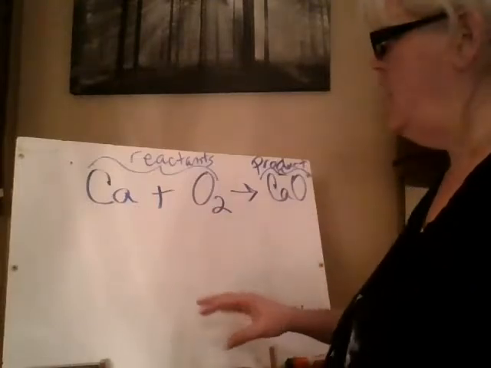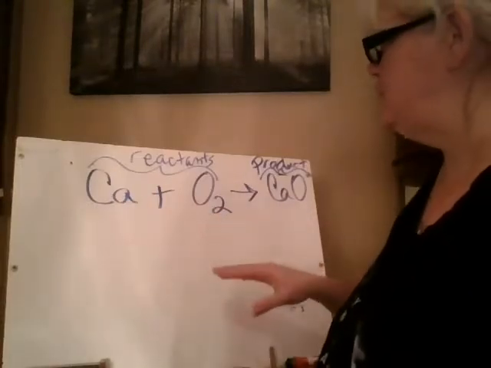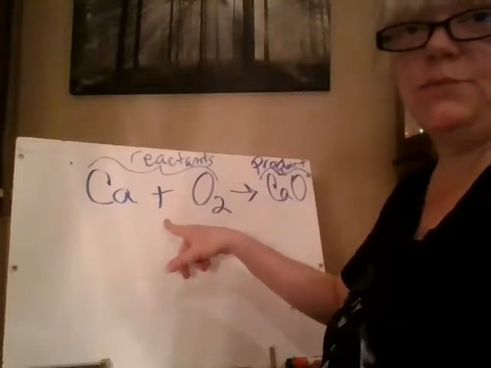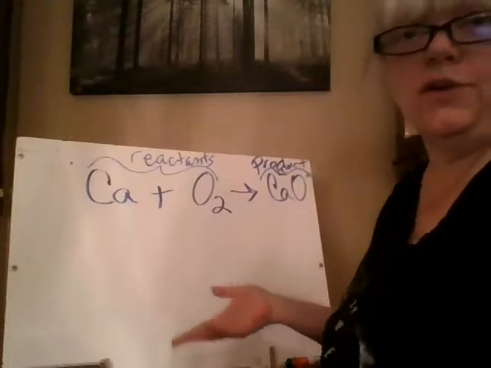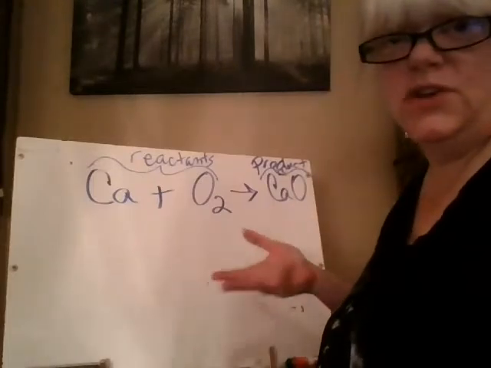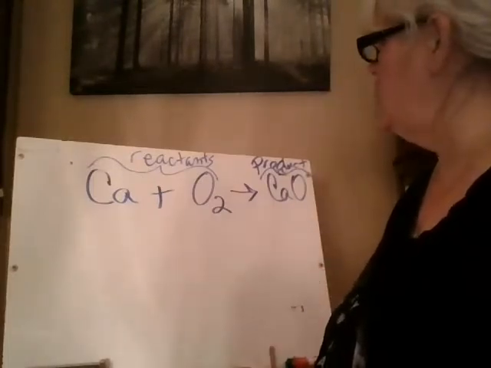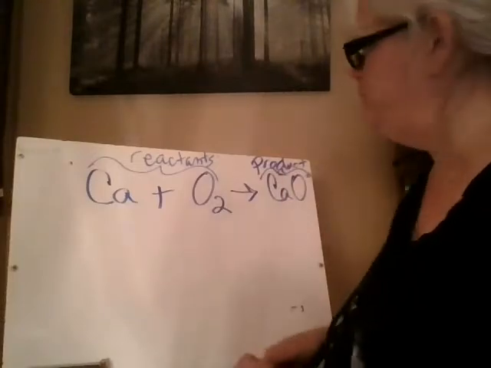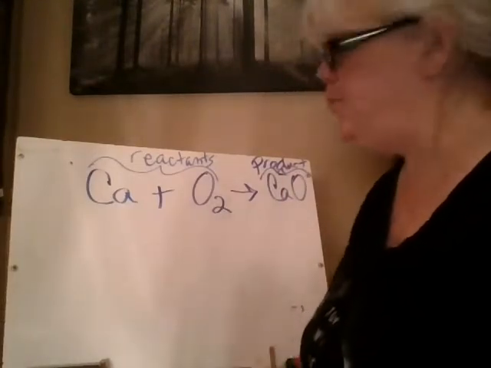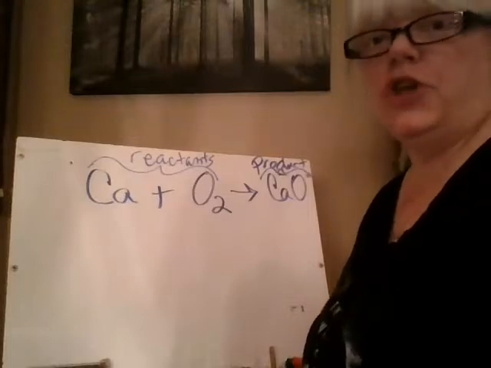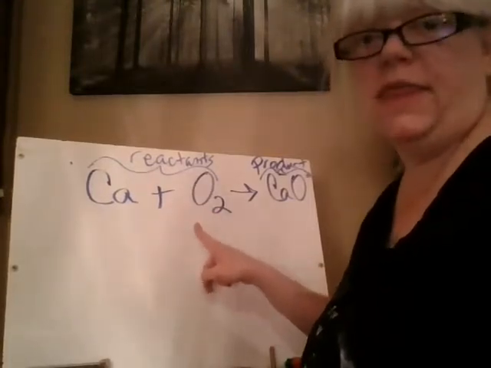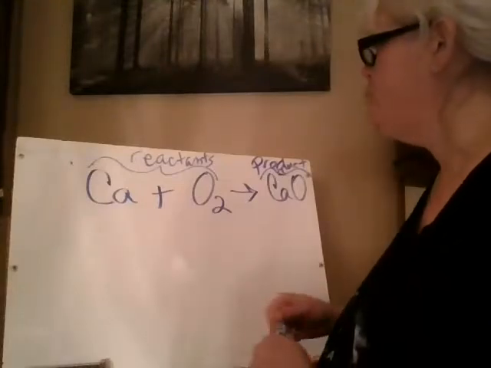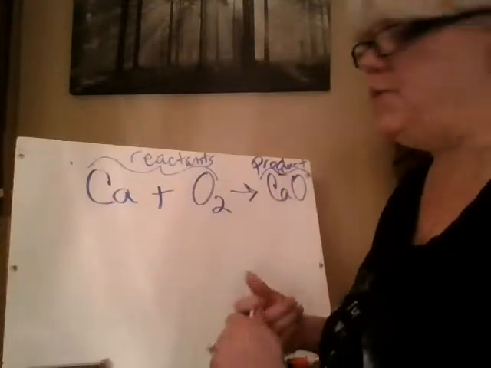As far as I have 2 different things here, and there's a plus sign separating them. But over here, I just have one thing, and there's no plus sign. There's no other compound present or element present. It does not matter. Okay, so just forget about that. Don't worry about that. The plus sign just lets you know, hey, this is separate from this at the moment. Okay. All right. So let's do our counting real quick.